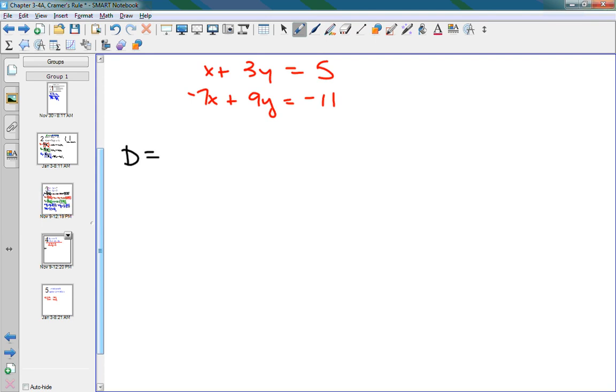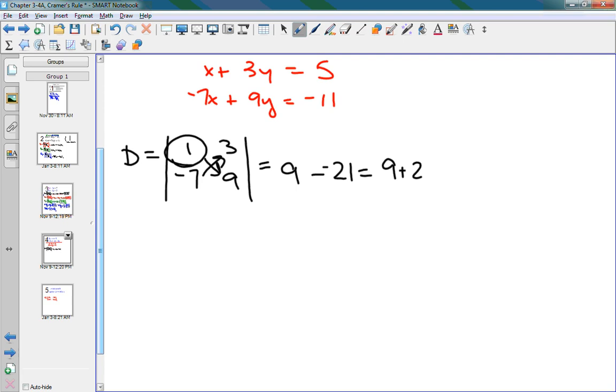Well, D is going to be just the left-hand side of the equation without your x's and y's in them, right? So that's going to be 1, negative 7, 3, and 9. How do I calculate? Top left, 1 times 9 is 9, minus a negative 21 to give me 9 plus 21 to give me 30 as my D value.